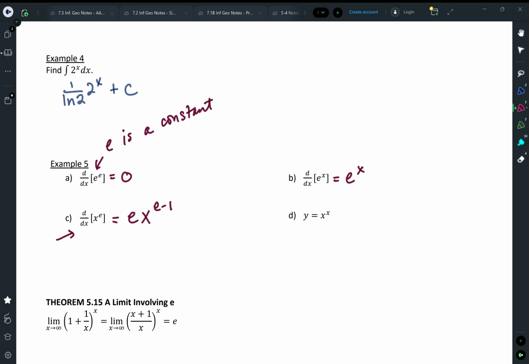This last one, in order to take a derivative, I would have to use logarithmic differentiation. I really like this application. So natural log y is equal to natural log of x to the x power. And that allows us to rewrite that exponent as an x multiplied in front of the log.